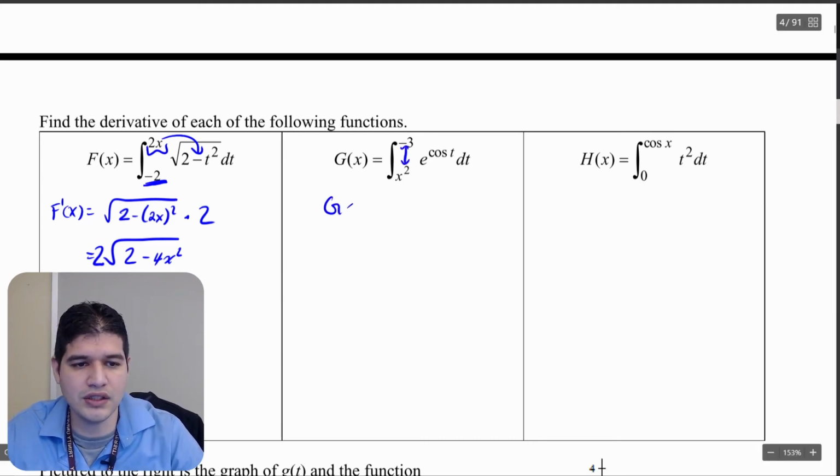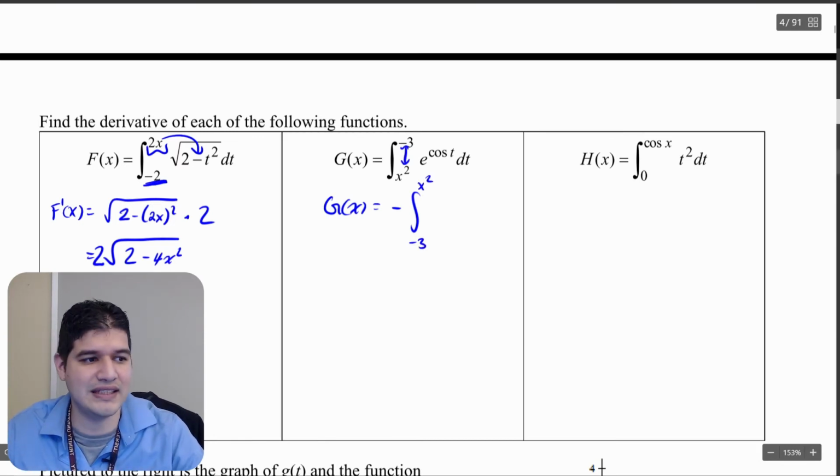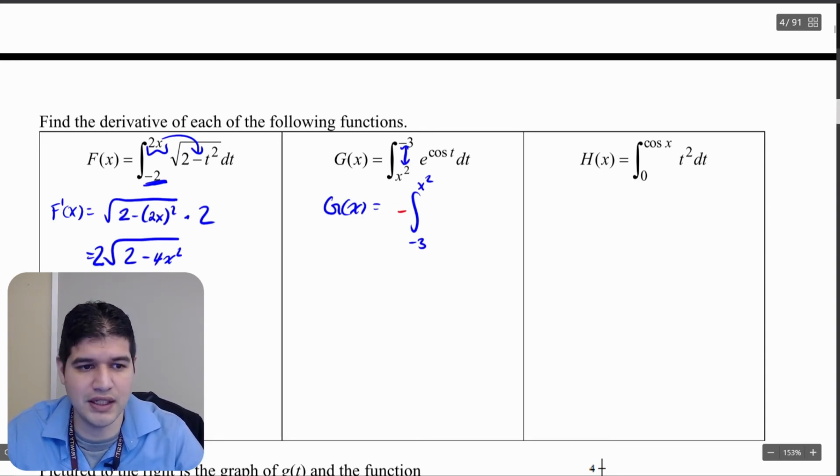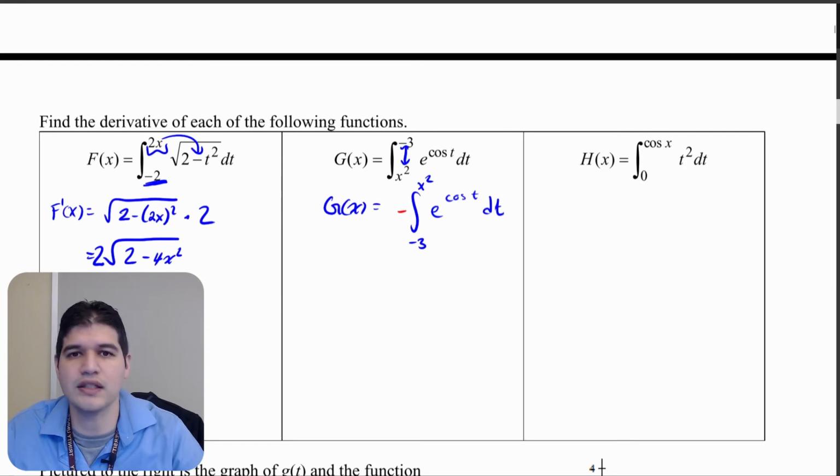All you need to do is make the entire integral negative and then you can swap it. So now I have negative integral from 3 to 2x squared. Just don't forget that that negative is there. In fact, I'm going to make it a different color because I don't want to forget that this should all be coming out negative. So e to the cosine of t dt.